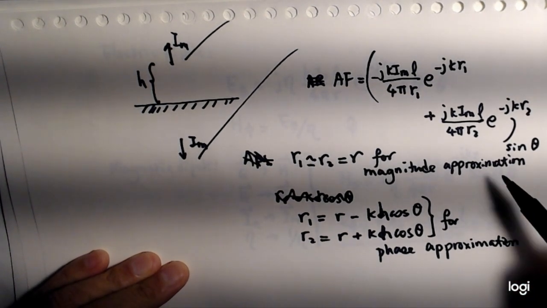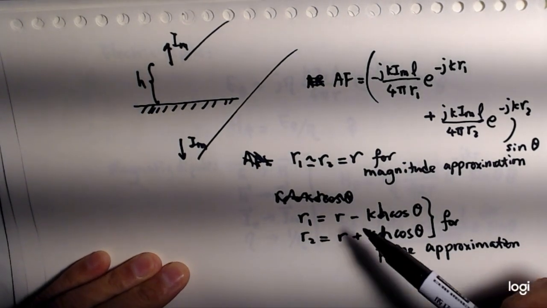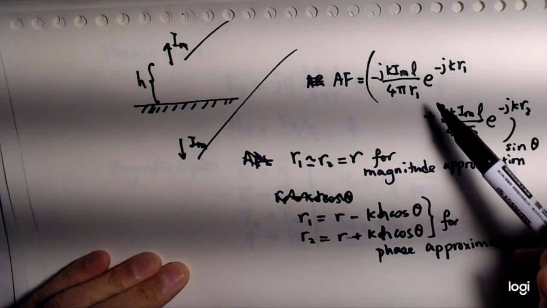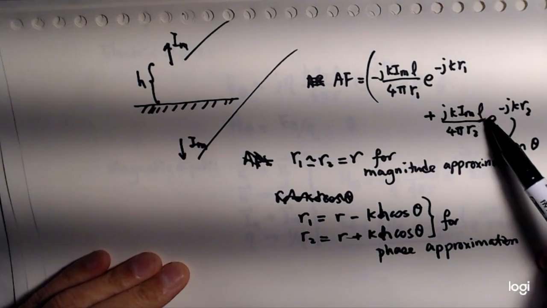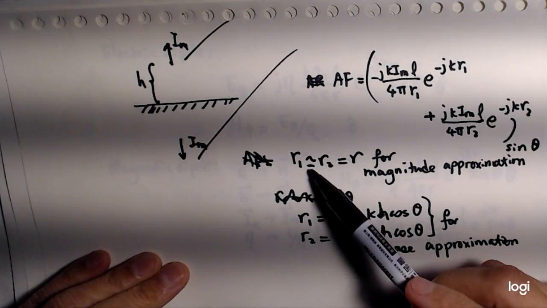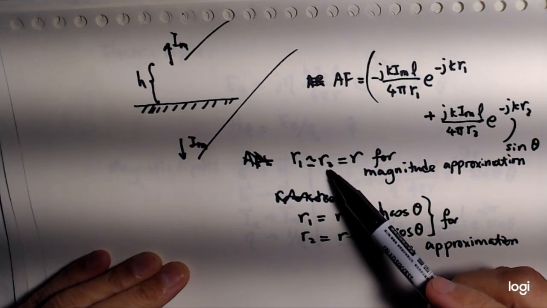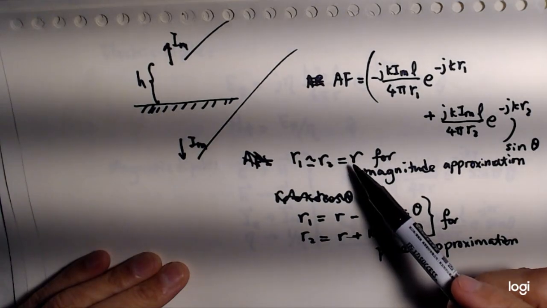So we are going to substitute R1 and R2 from this formula into the phase. We are going to use R1 approximately equal to R2 approximately equal to R to approximate the magnitude.